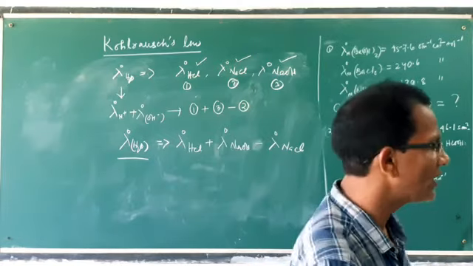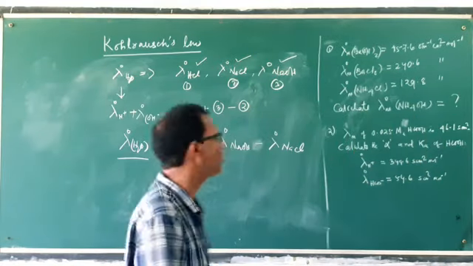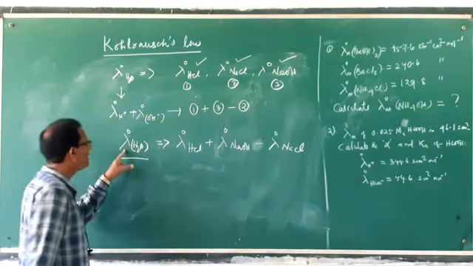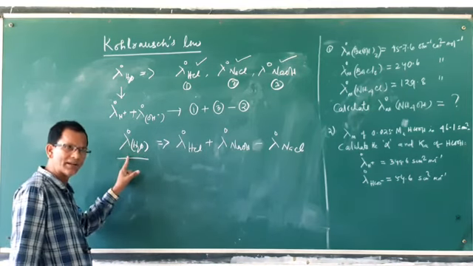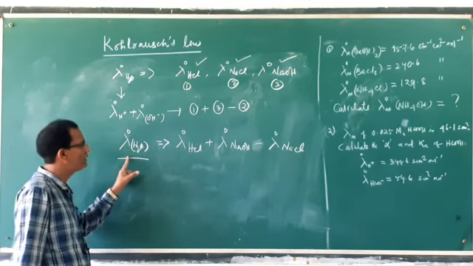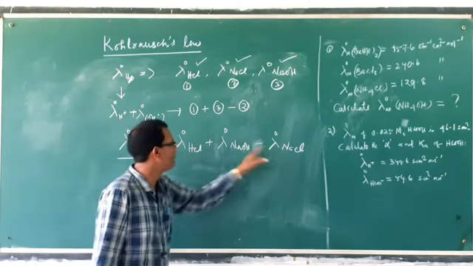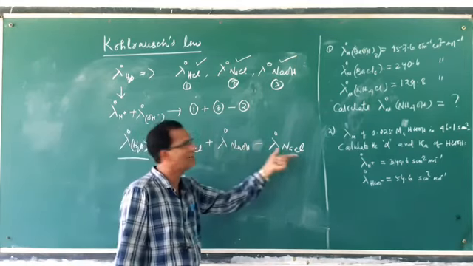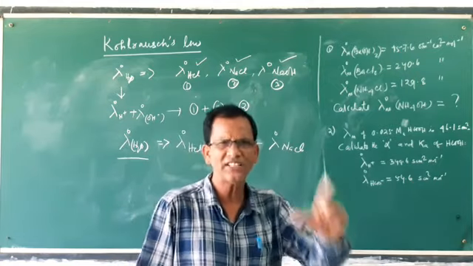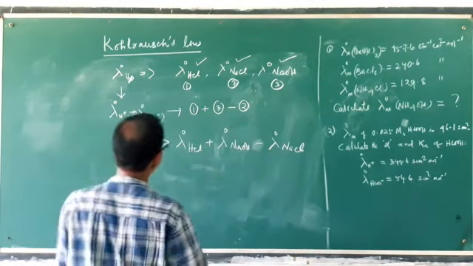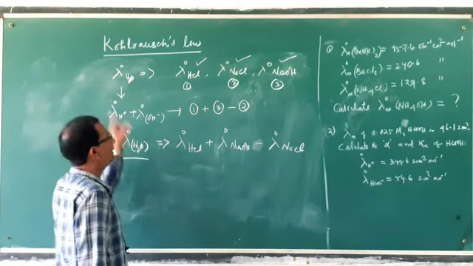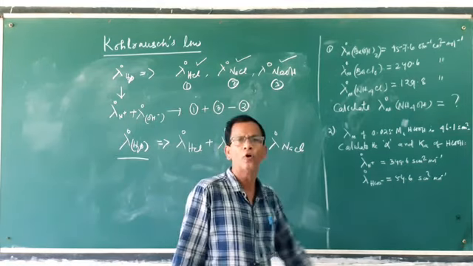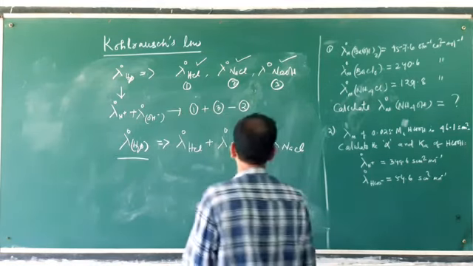Already you know water is a bad conductor, with very poor conductance. That's why its conductance value at infinite dilution can be calculated by knowing the lambda naught of strong electrolytes. Acid is strong, NaOH is strong, and NaCl is strong. So these are the calculations of lambda naught value by knowing the lambda naught of the electrolytes.